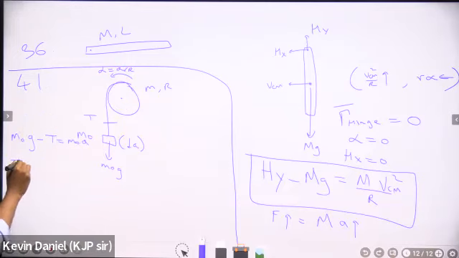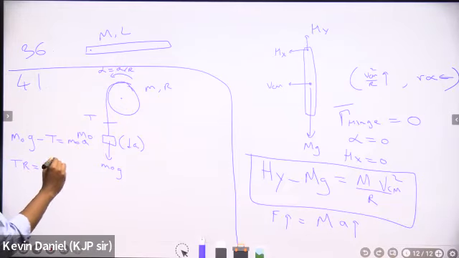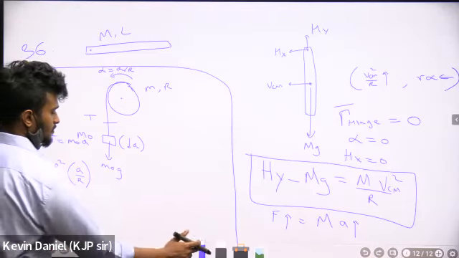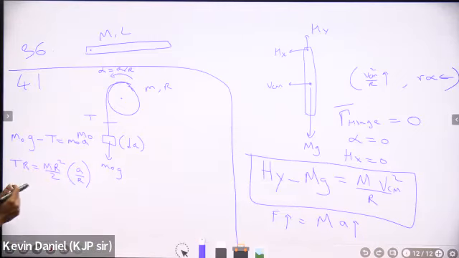Torque: T into r is equal to I alpha. I is going to be m r square by 2 into alpha, which is a by r. So the r will cancel.